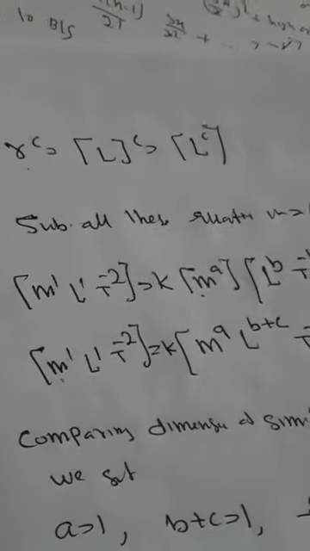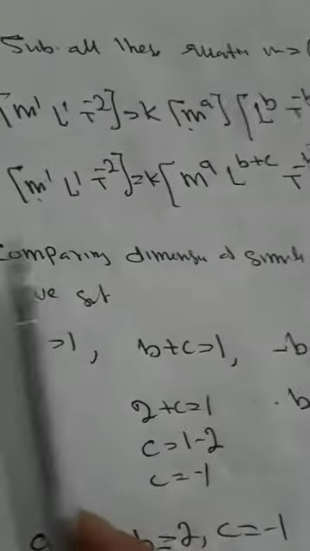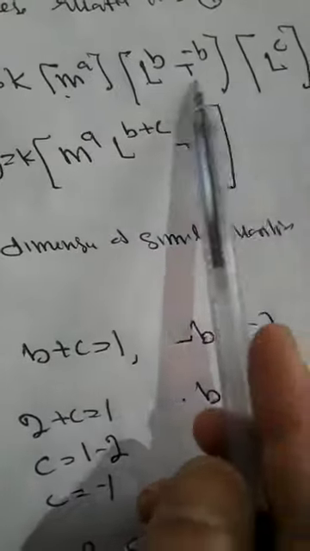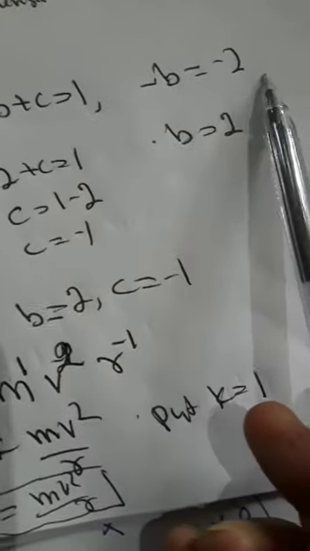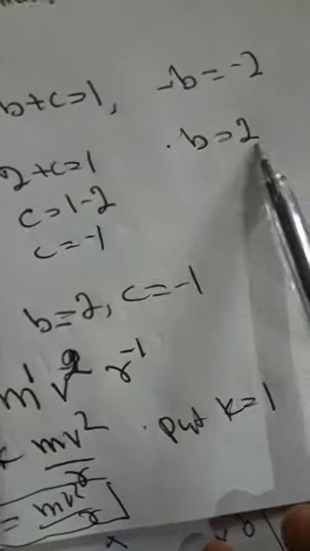When we substitute all these in equation first, I get M^1 L^1 T^-2, k is equal to M^a L^b T^-b L^c. Comparing dimensions of similar quantities, M^a, base are same, L^(b+c) T^-b. Here a is equal to 1, b plus c is equal to 1, minus b is equal to -2, b is equal to 2. Now I can substitute here and I get c is equal to -1.